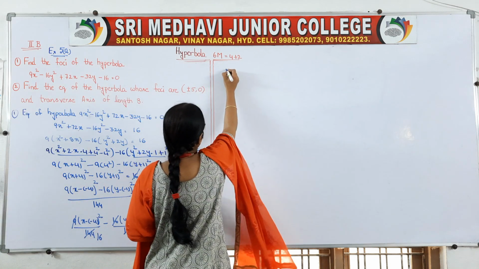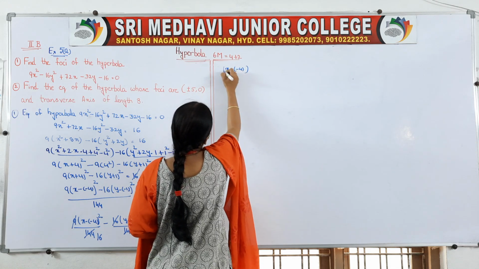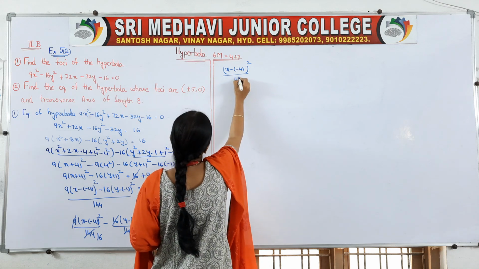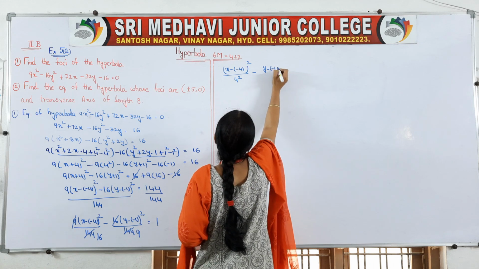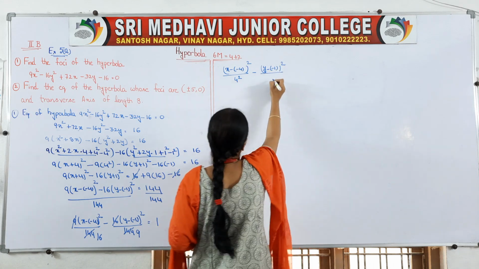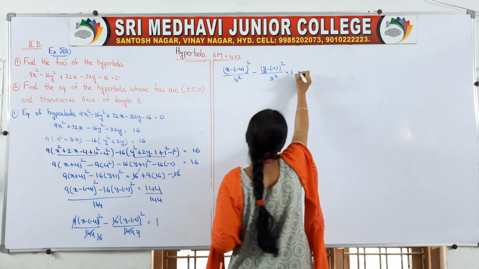Now your equation is (x minus of minus 4) whole square by 16, which we can write as 4 square, minus (y minus of minus 1) whole square by 9, which is 3 square, is equal to 1.